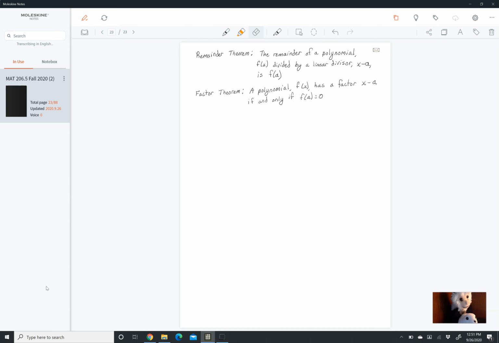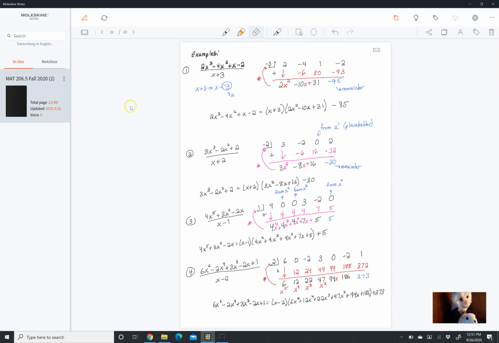So what does this say? The remainder theorem says that if we take, let's say, 2x cubed minus 4x squared plus x minus 2, and we divide by x plus 3, and the only thing we care about is the remainder, not the quotient, we can find the remainder just by plugging in negative 3.